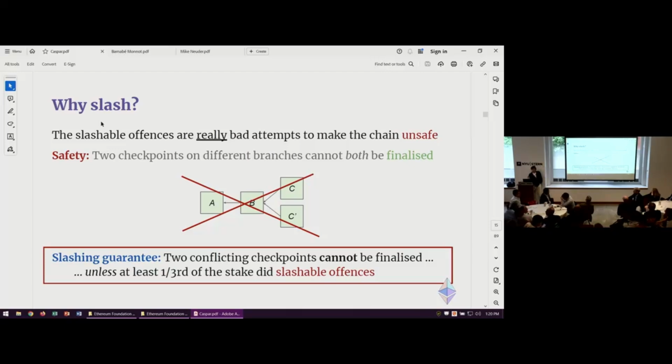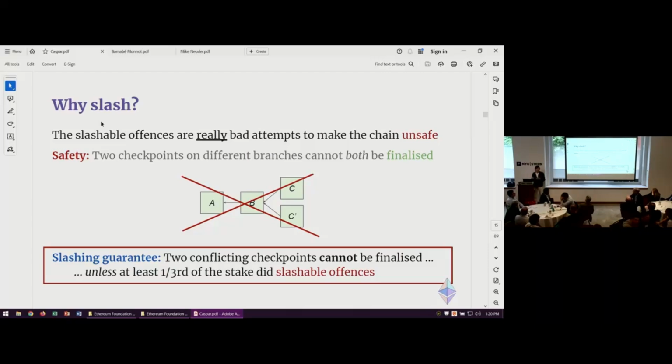Essentially, two conflicting blocks cannot be finalized unless at least 1/3 of all staked ETH is slashed, which, I think, at the moment is on the order of more than $100 billion US.